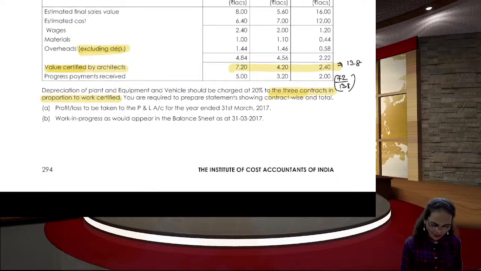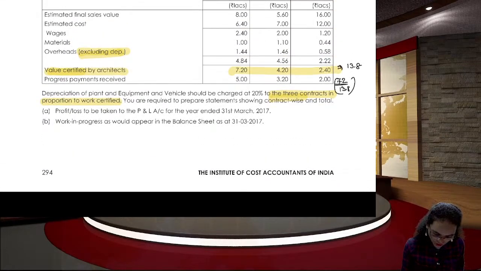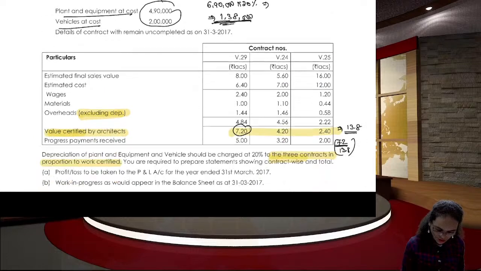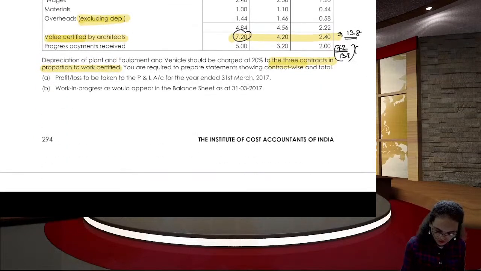Yes, got it. The depreciation is 7.2 upon 7.2 divided by 13.8 into the depreciation amount, 1,38,000, that is 72,000.